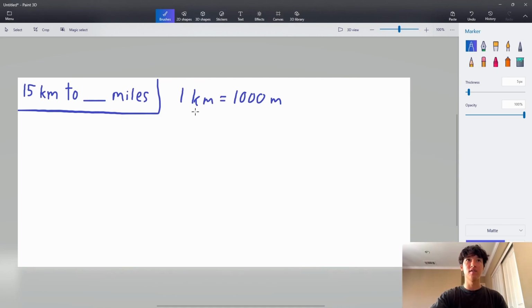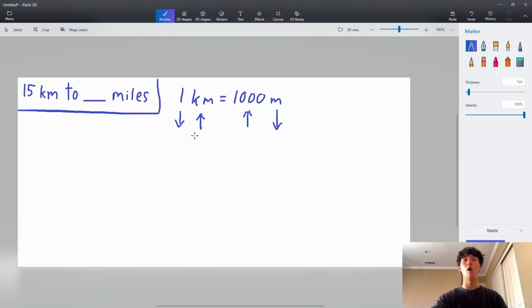Because the kilometer is the bigger value, we'll do an up arrow. Kilometer is greater than meters. Meters is the lower measurement. So we need more meters to equal the bigger value, which is a kilometer.